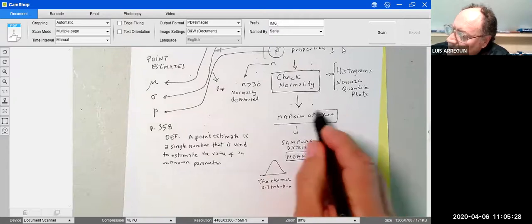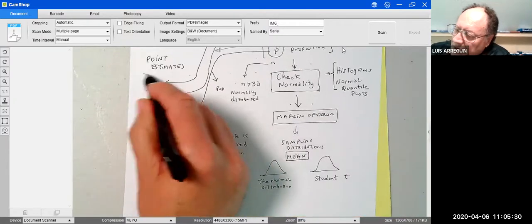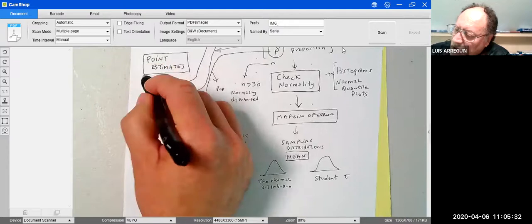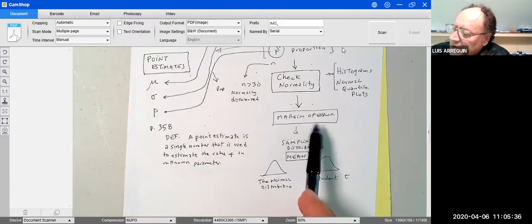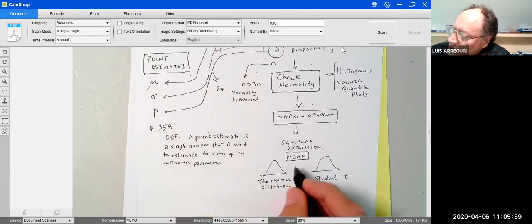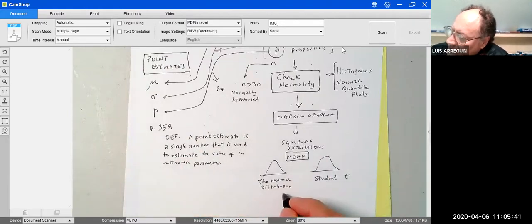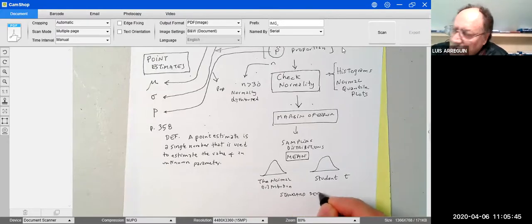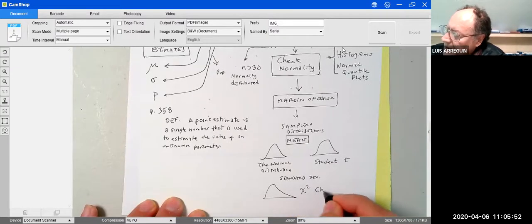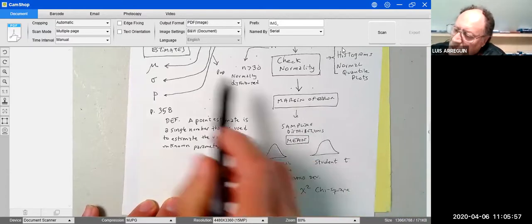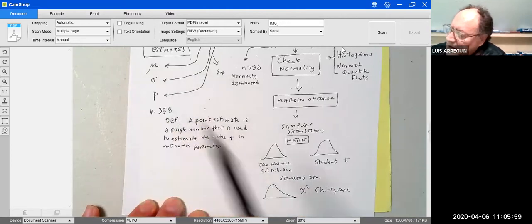So we're going to create our parameter estimates by using a point estimate and a margin of error for that point estimate. If you want to know about the standard deviation, then we're going to use a different sampling distribution, the chi-square sampling distribution, to compute the margin of error for the point estimate of the standard deviation.